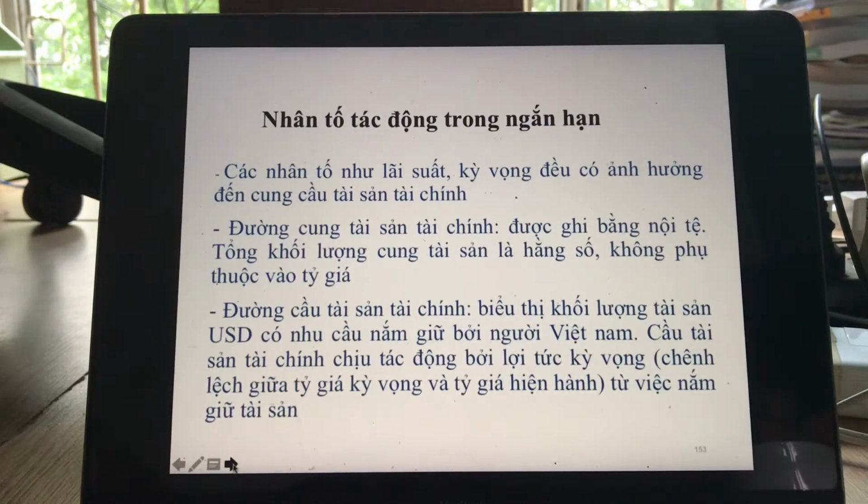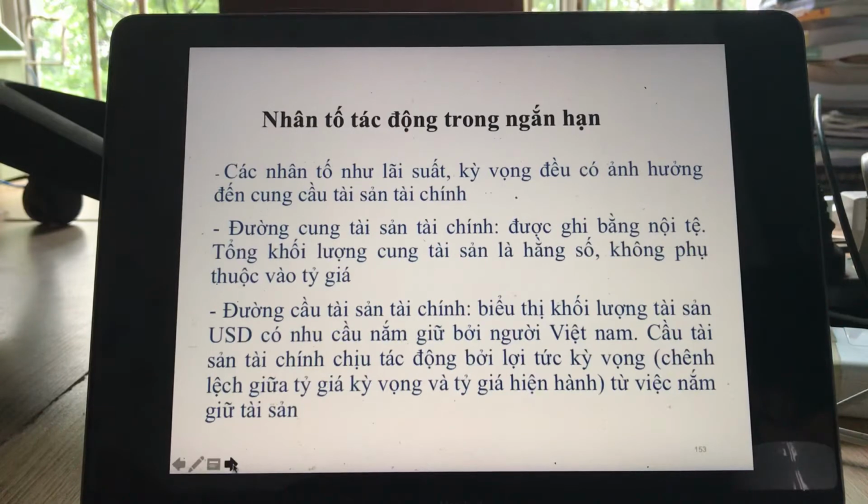So when we use a two-dimensional graph with the exchange rate on the vertical axis, the supply of financial assets is a vertical line.